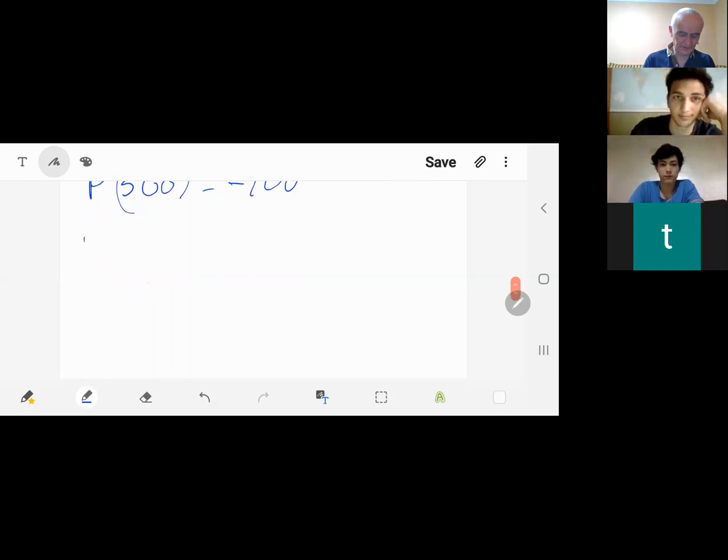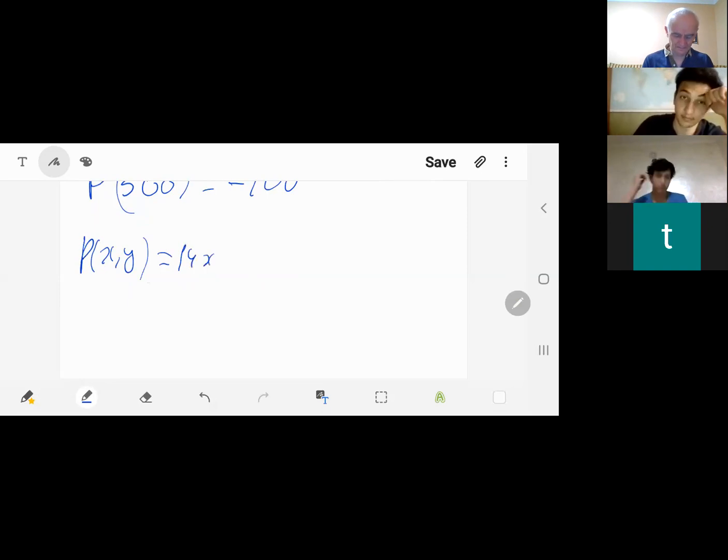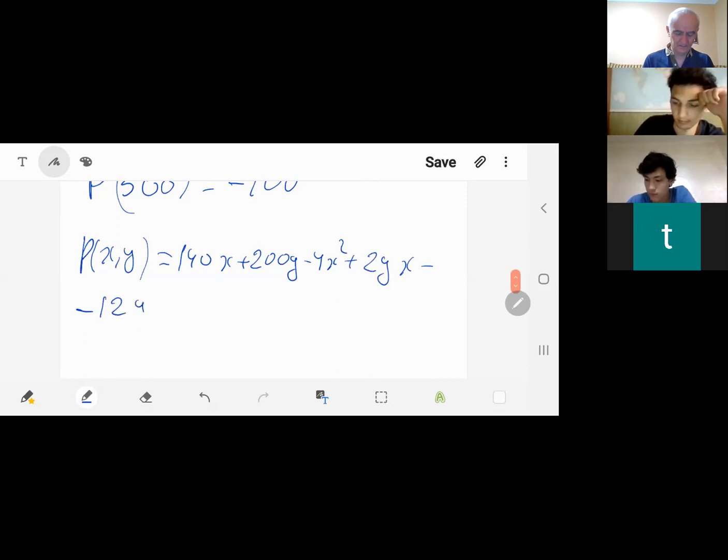For example, the profit function is P(x,y), and it equals the following expression.